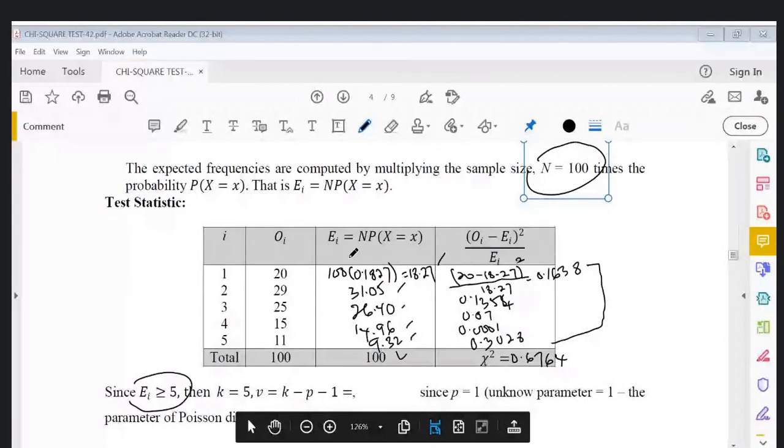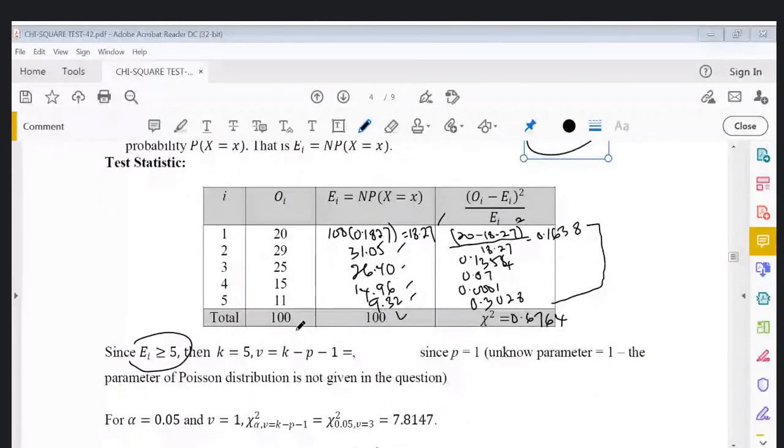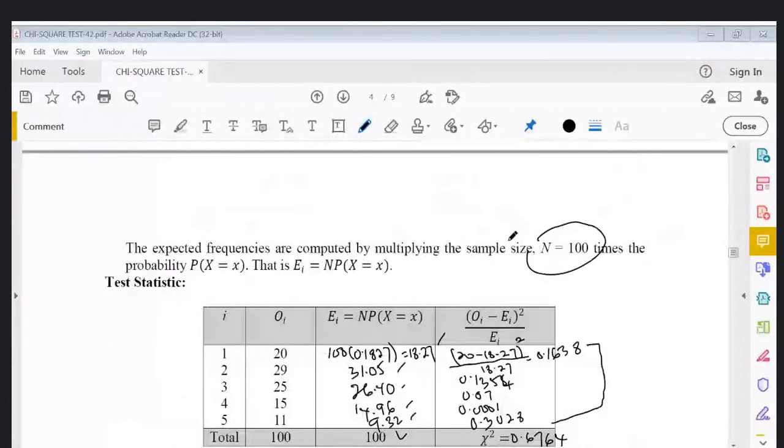For this one alpha is 0.05, K is 5. The mean is not given, so P is 1, and we get 5 minus 1 minus 1.